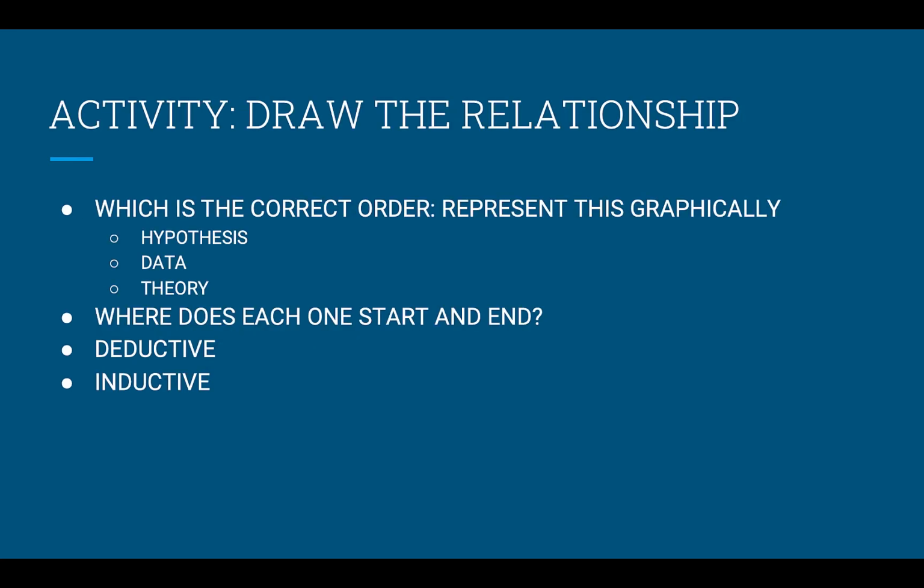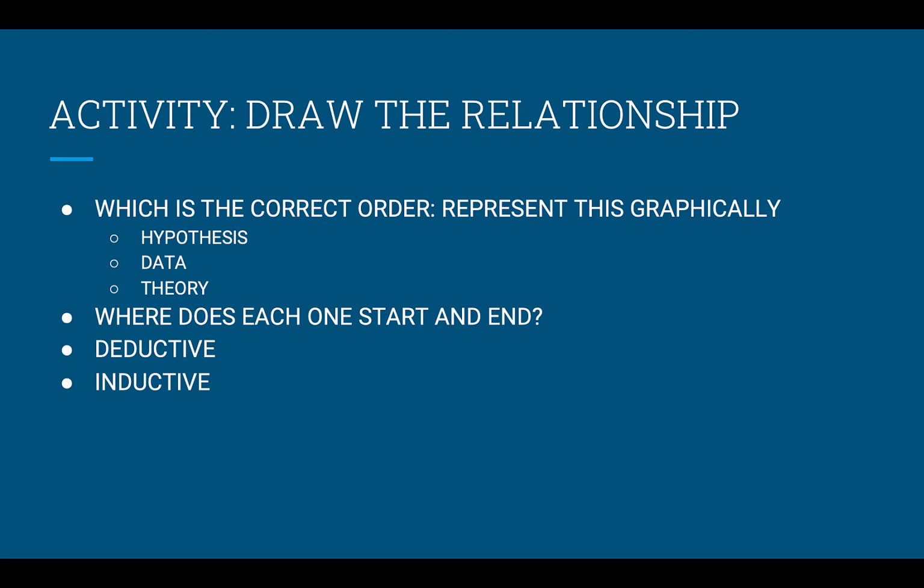Okay, so switching to a quick activity. This is just to reinforce what we're talking about with inductive and deductive research, right? So I want you to list what the correct order is and represent this graphically for hypothesis, data, and theory, whether it's deductive or inductive.